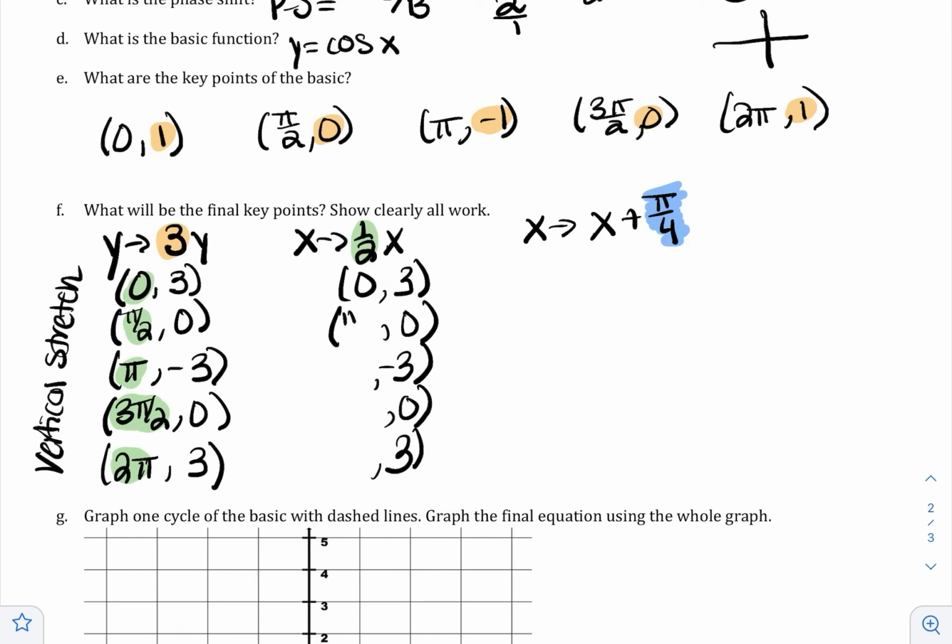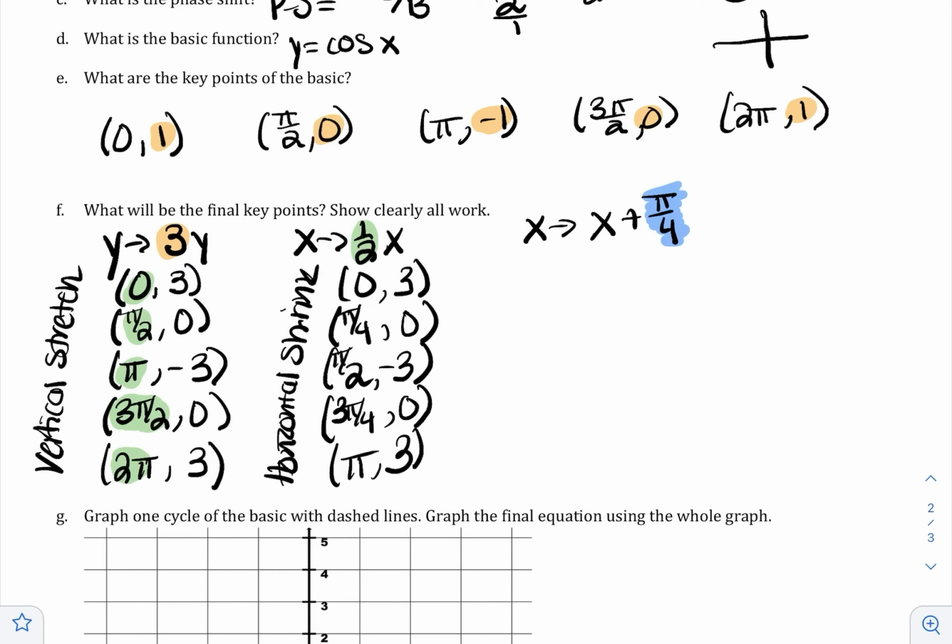Then this is going to be pi over 4, this is going to be pi over 2, this is going to be 3 pi over 4, and this is going to be pi. Because I'm making the numbers smaller, this is a horizontal shrink. It's going to compress it on the left and the right, which is why the period becomes smaller.